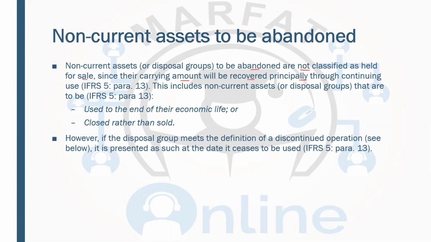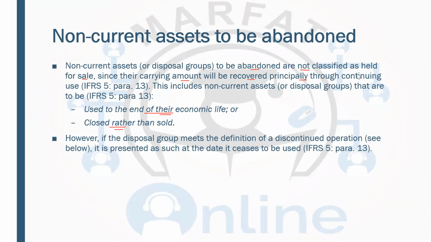So this includes the non-current assets that are to be used to the end of their economic lives, that we will be using until they are finished, and closed rather than sold. We will discontinue using it and will not be selling it. So the assets which are to be abandoned and not sold do not come under the scope of the IFRS 5.